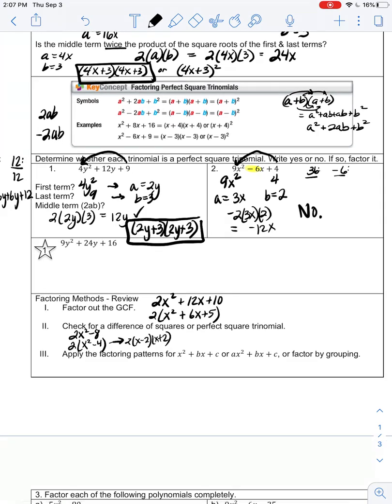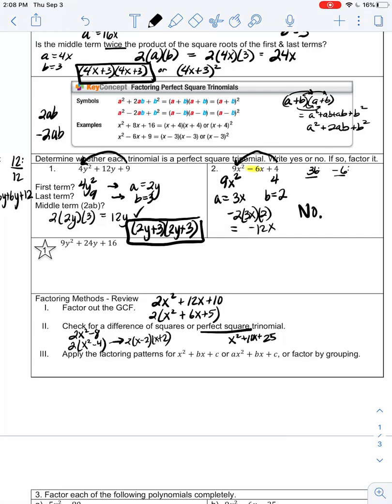And then if it is not a difference of squares, so difference of squares means that there's only 2 terms. If there's 3 terms, then you want to check to see if it's a perfect square trinomial. So that's what we just went over. So for example, let's do x squared plus 10x plus 25.